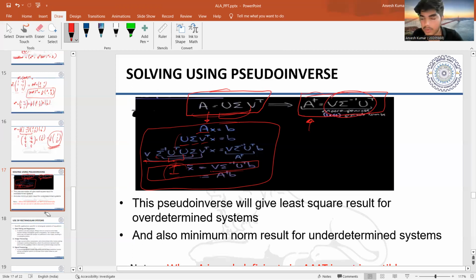What is surprising about this is that if for an overdetermined system we calculate this, it will give the least square solution. And if for an underdetermined system we calculate this, it will give the minimum norm solution. And for a square system, it will obviously give the real solution.